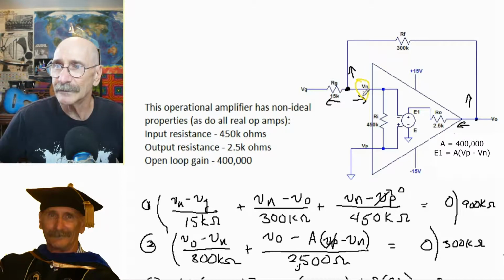Vn is this right here, and of course that's going to be compared with the VP, and our output is going to be the gain times VP minus Vn. So it's going to be a 0 minus whatever this voltage is, and that's going to give us our output.